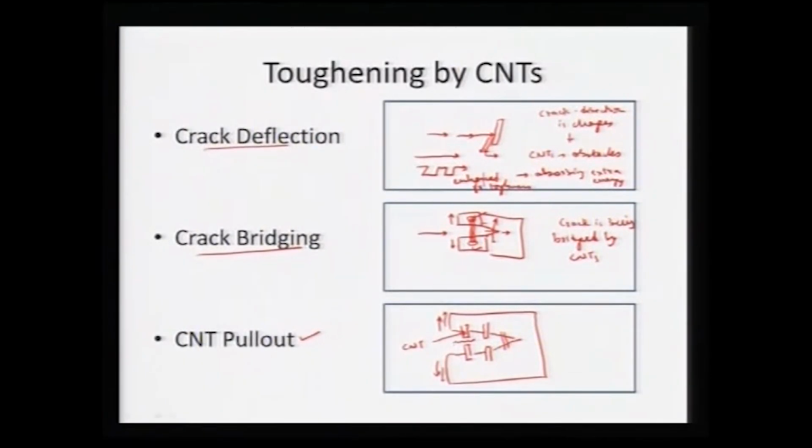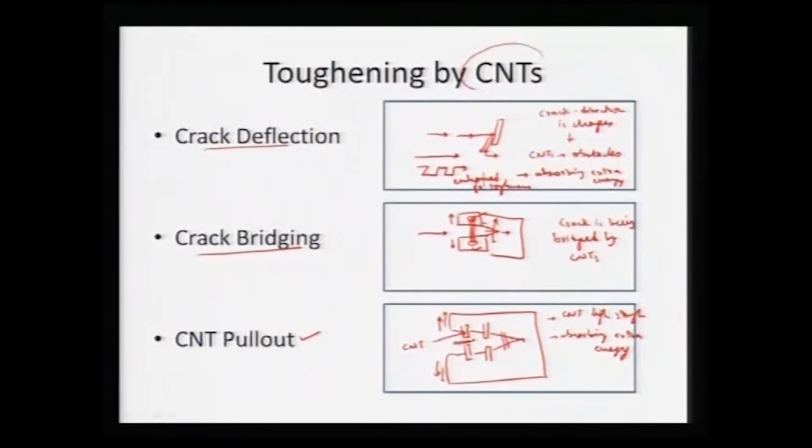It can eventually fracture some of the carbon nanotubes, but CNTs have very high fracture strength. So, it is now absorbing extra energy. Ideally, that energy would have gone to enhance the crack length, but now that has gone into fracturing the carbon nanotube. So, eventually the crack length is much shorter than what it would have been in the absence of carbon nanotubes. In the presence of carbon nanotubes, it is just restricting the flow of the crack in that particular direction.